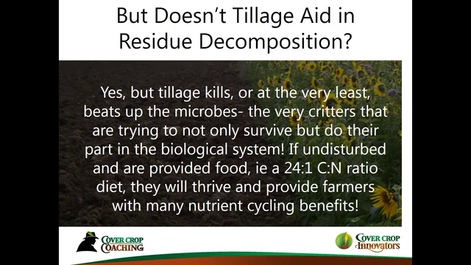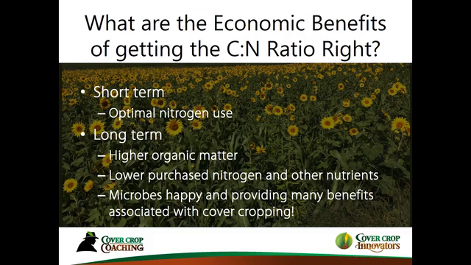So again, coming back to the question, I've talked about economics a couple times. What are the economical benefits of getting the C to N ratio right? Well, some of it is somewhat implied, but I'll just say here that in the short term, optimal nitrogen use. Now notice I didn't say less nitrogen use.